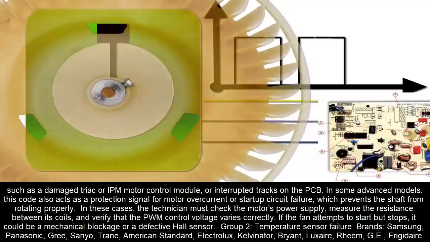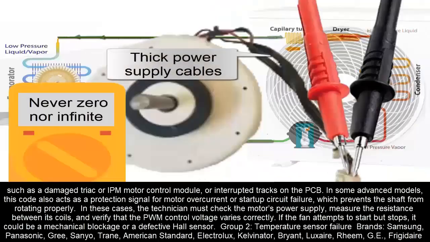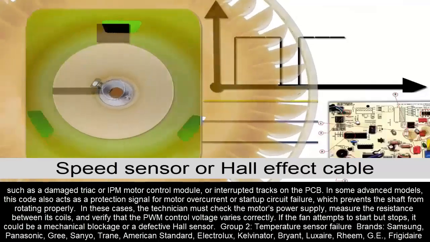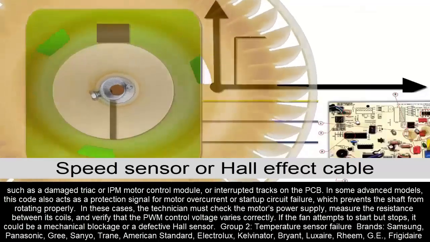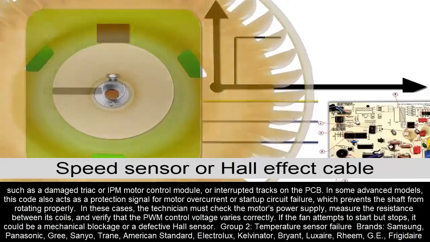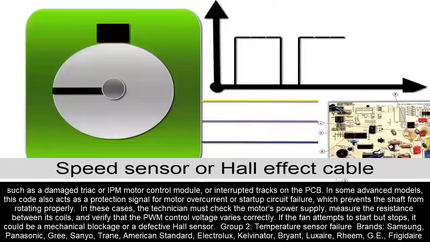In these cases, the technician must check the motor's power supply, measure the resistance between its coils, and verify that the PWM control voltage varies correctly. If the fan attempts to start but stops, it could be a mechanical blockage or a defective Hall sensor.